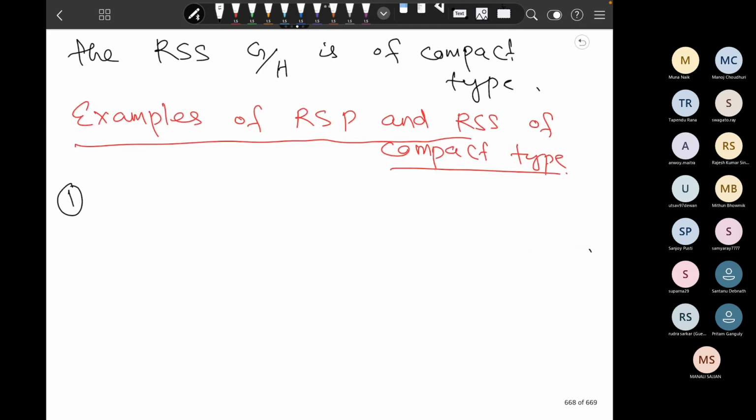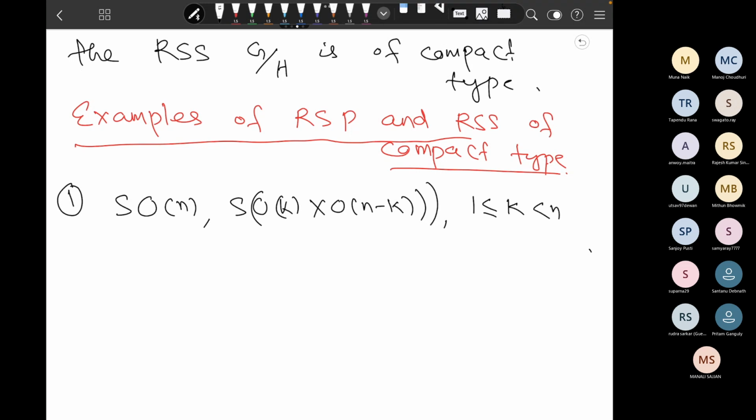So the first example is this: SO(n) with S(O(k) x O(n-k)), where 1 is less than or equal to k less than n.